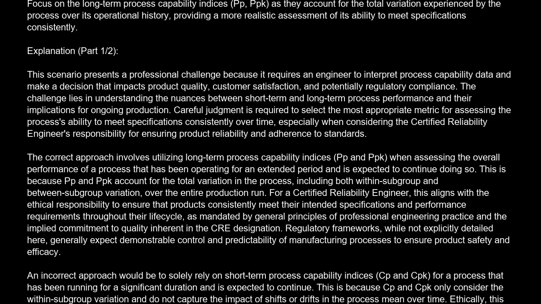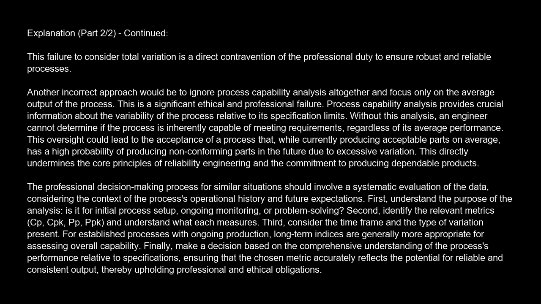This is because CP and CPK only consider the within-subgroup variation and do not capture the impact of shifts or drifts in the process mean over time. Ethically, this could lead to a false sense of security, potentially masking underlying process instability that could result in out-of-specification products. This failure to consider total variation is a direct contravention of the professional duty to ensure robust and reliable processes.